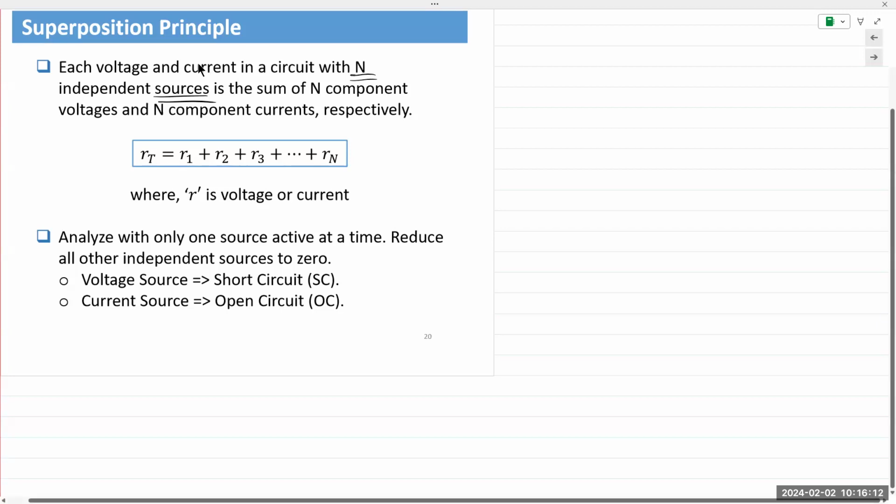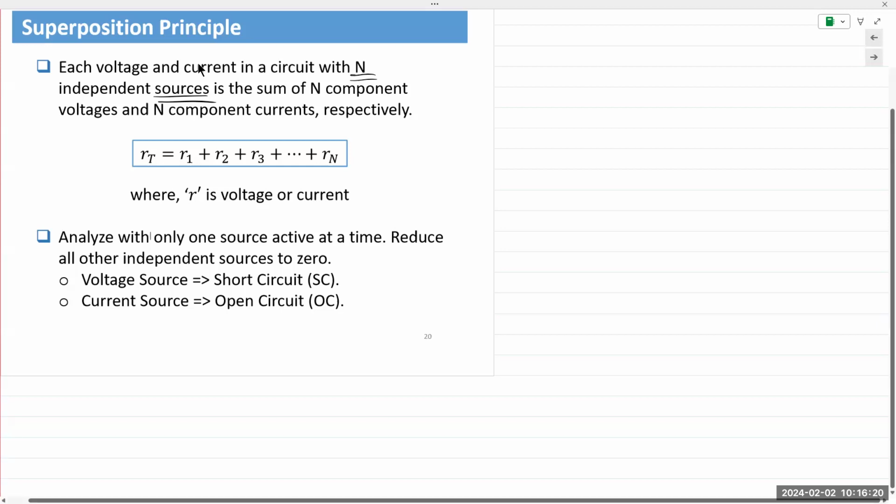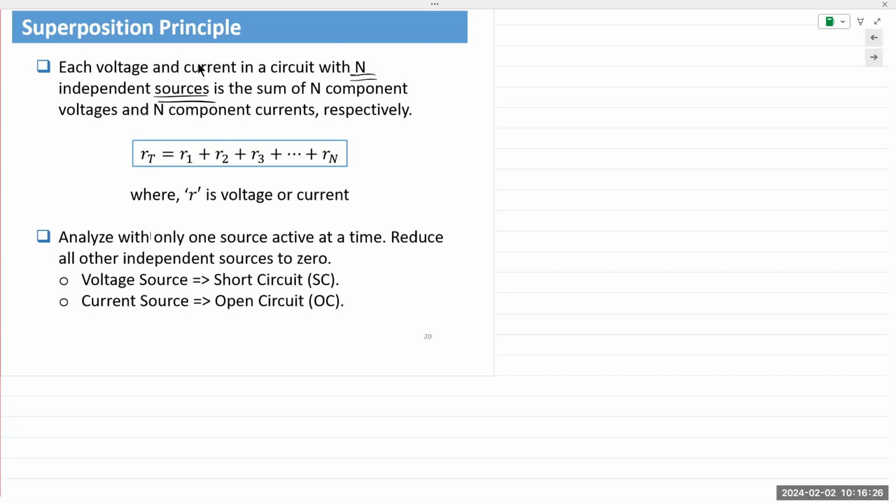So when we say analyze with only one source at a time, we mean that only one source is active at a time. All the other sources in the circuit are inactive. We reduce them to 0. And when we reduce them to 0, we replace it with either open circuit or a short circuit. And the logic behind that is this.